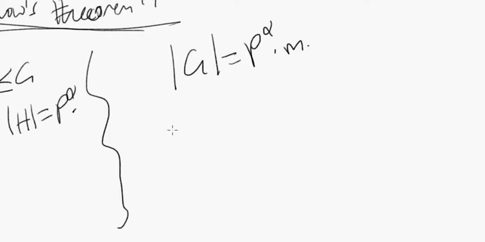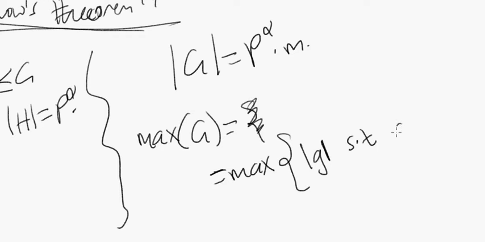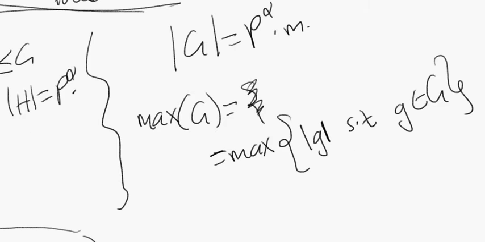Let's call it the max of G. We're going to define max of G to be equal to the maximum of the set of all orders of little g such that little g is an element of G. Does that make sense?